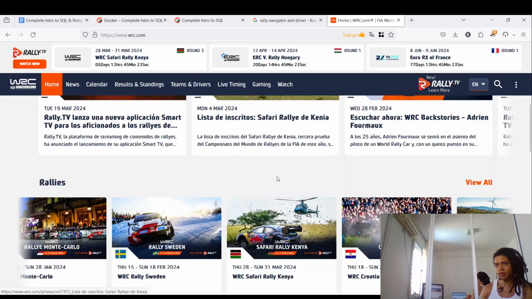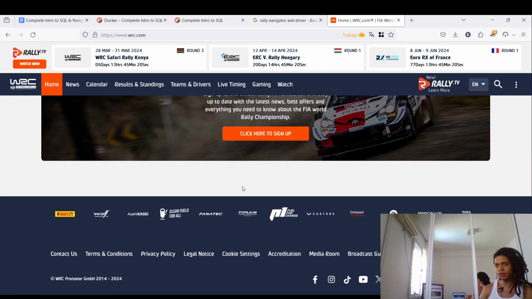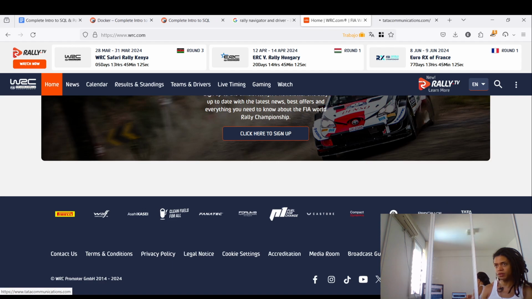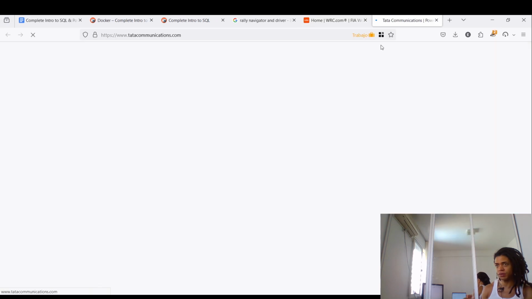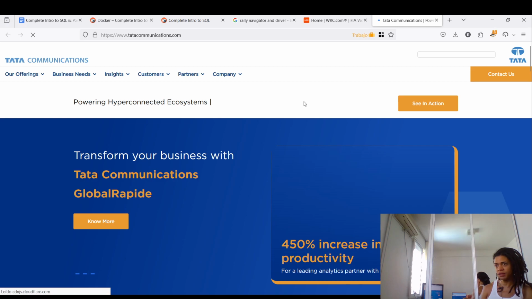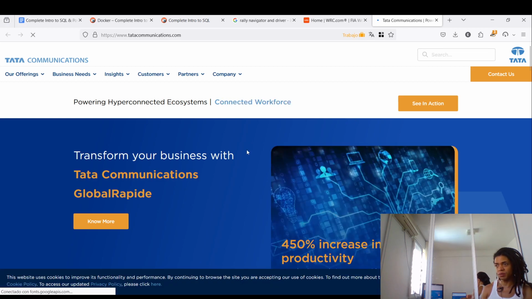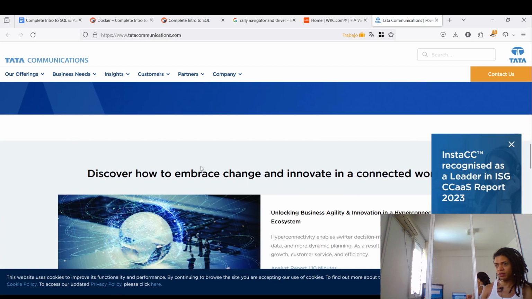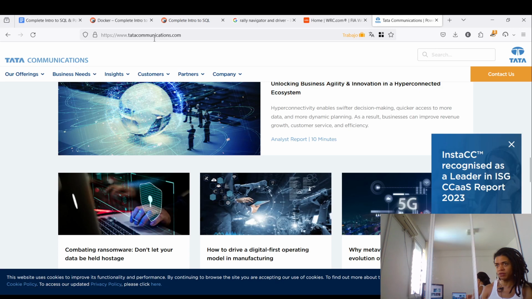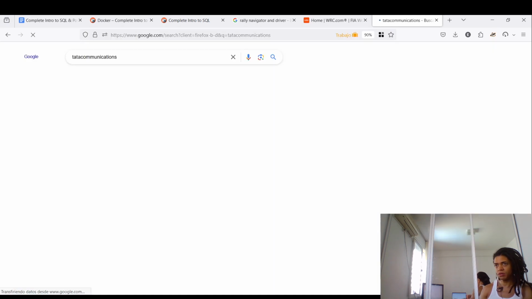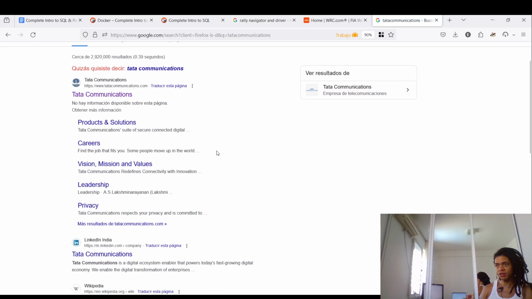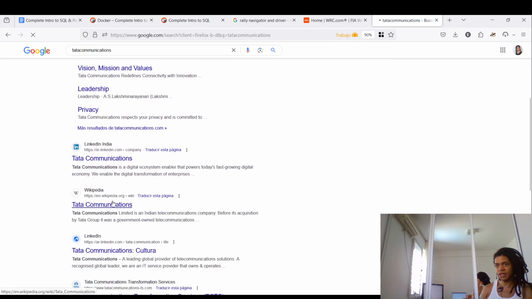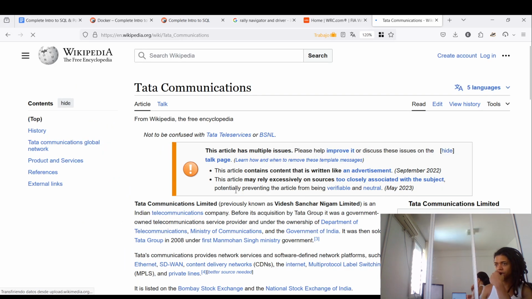Exactly. So the rally, that's right. Data communications. Holy moly, this is a consulting company in India. Headquarters in India, by the way. Yeah, but this is an Indian telecommunications company.